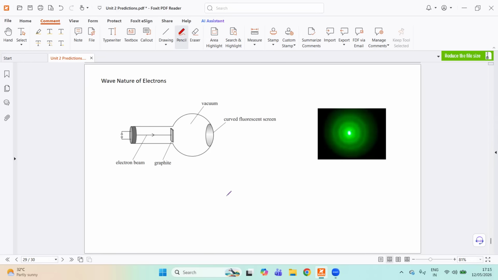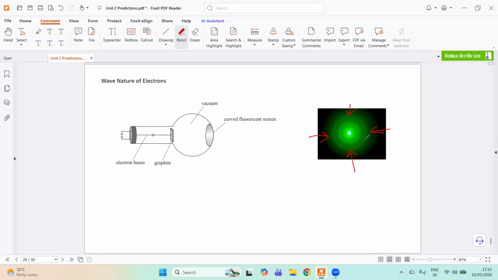Then you have electron diffraction, right? So when you pass a beam of electrons through a diffraction tube, sorry, not diffraction grating, this is called a diffraction tube. And when you pass a beam of electrons through a graphite sheet, to your surprise, you see a diffraction pattern like this. You might be wondering, wait a second, are we dealing with electrons?